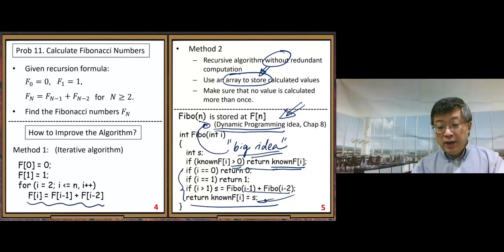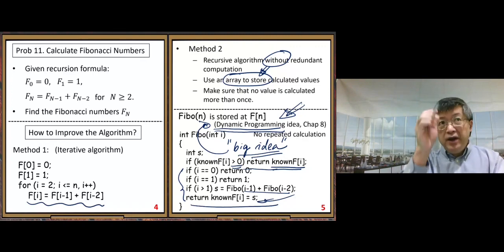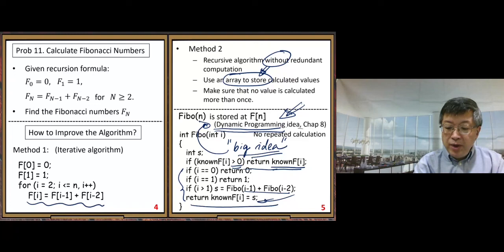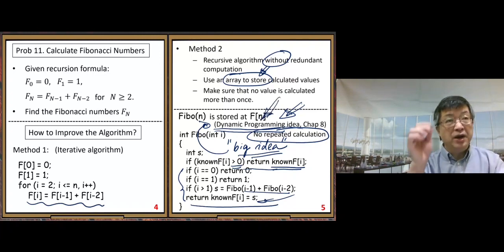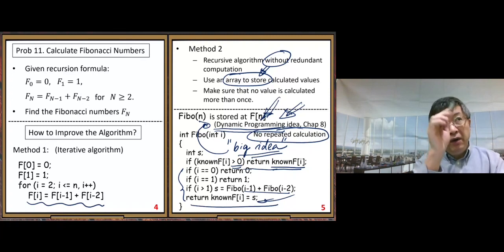The main idea of this method is no repeated calculation. If you can avoid repeated calculation, you implement this dynamic programming idea and your algorithm will be much more efficient.